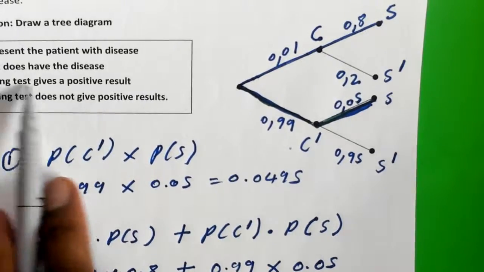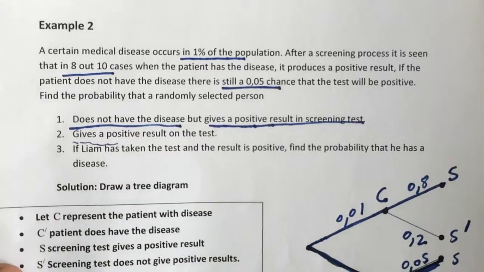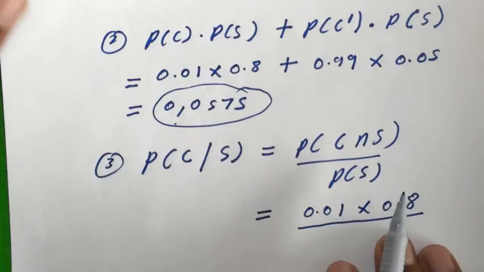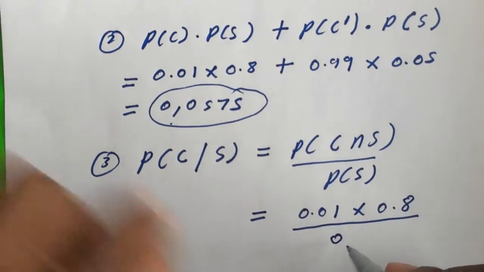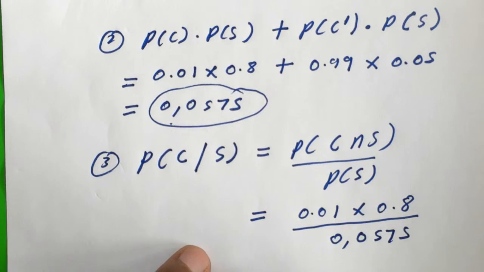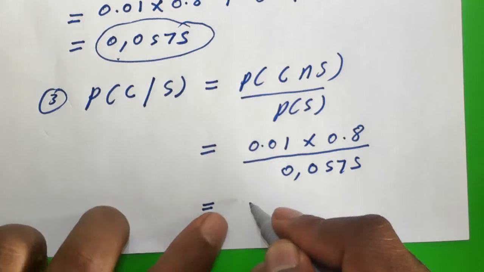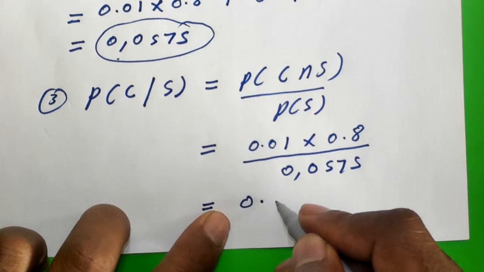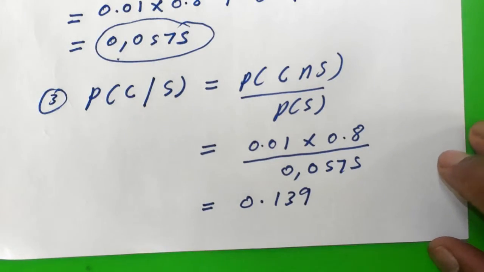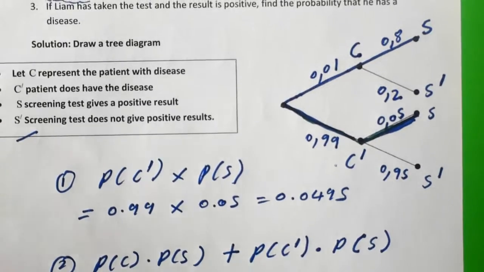We have done this, which is number 2, over 0.0575, and if you put this on your calculator, you should get 0.139. Beautiful.